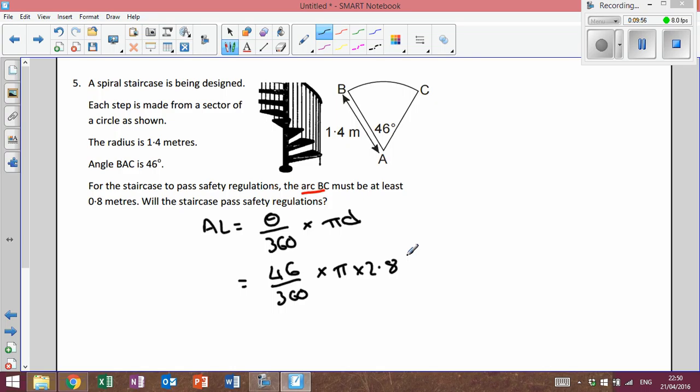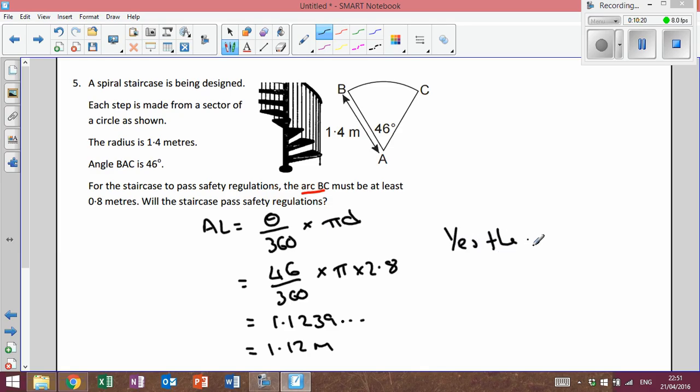So go to your calculator, type it in, which gives us the answer 1.1239 and so on. Let's take it to 3 sig figs, 1.12 meters. Now let's make sure we've answered the question. Will the staircase pass safety regulations?